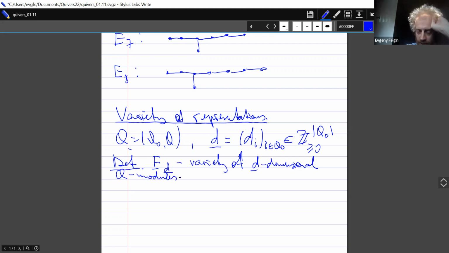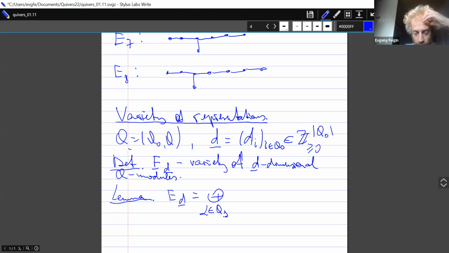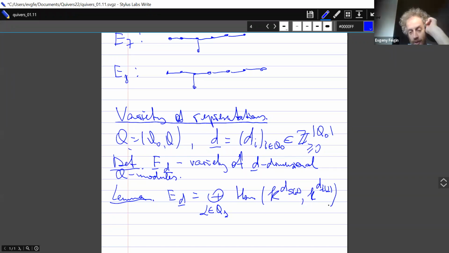So let us actually give a more explicit description. Let us formulate this as a lemma, which says that E_d is nothing but the direct sum over all arrows of Hom from k to the power d_{s(α)}, the starting point of an arrow, to k to the power d_{t(α)}, the terminal point of an arrow.